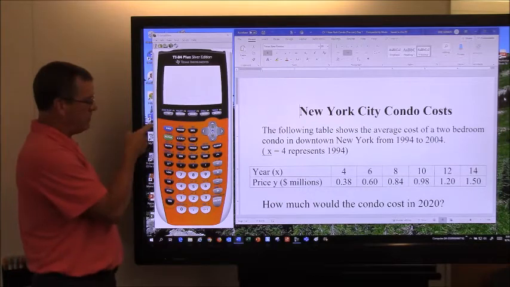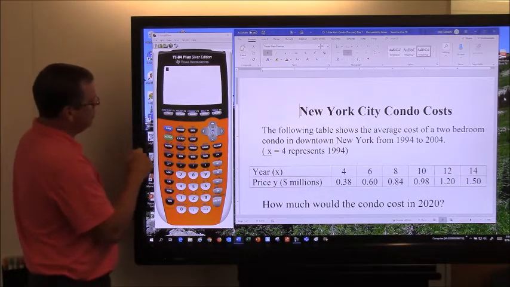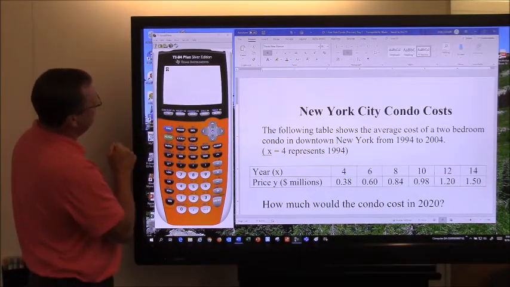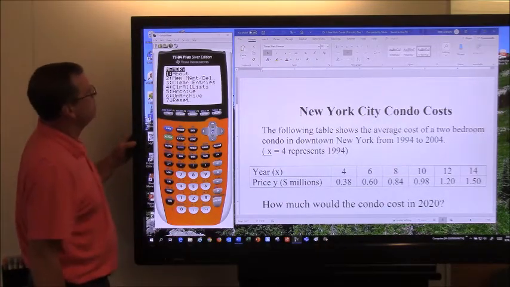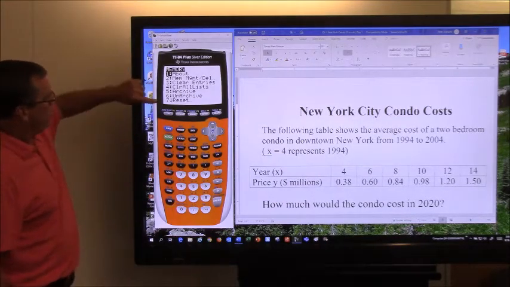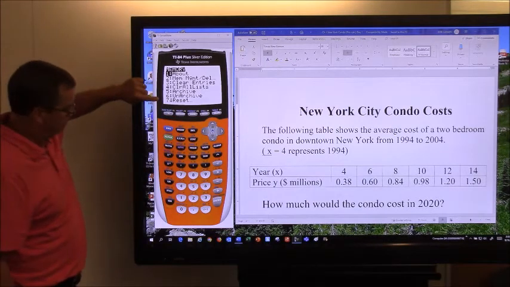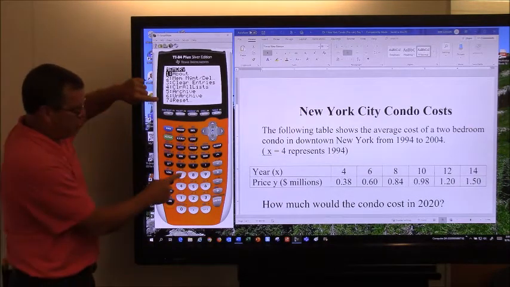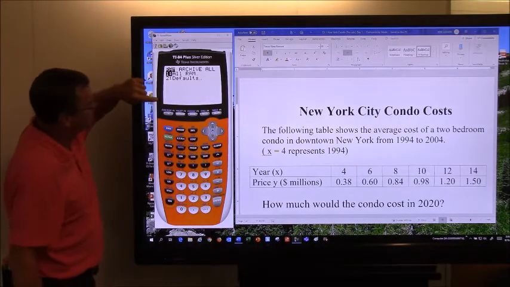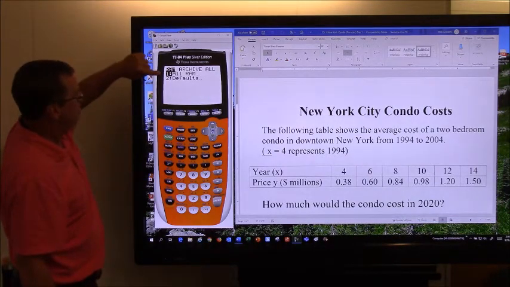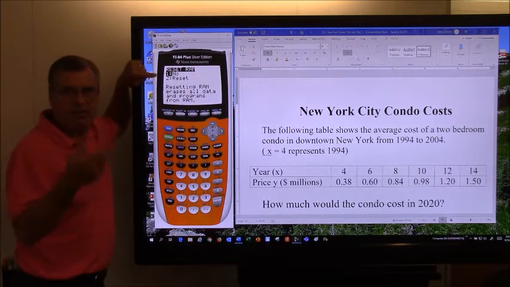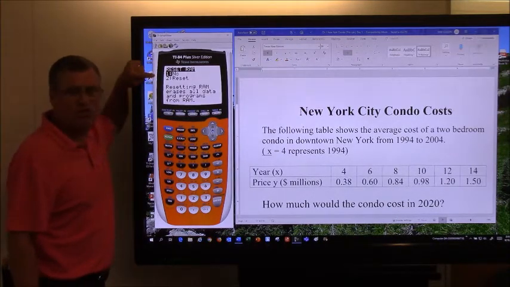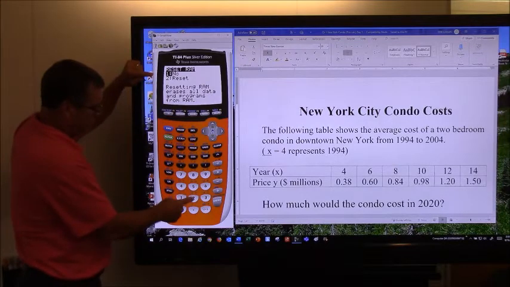Anytime I say that, I mean the second function button. When you hit that, you should see an up arrow. There we go. And then I'm going to hit the mem button. Okay? Second mem. And what we want to do is reset the memory. So I want option 7, so I'm just going to hit 7 on the keypad. I want all RAM, so I'm going to hit 1. And this is kind of that last question, are you sure you really want to do this? Yeah, I'm sure. So I'll hit 2.